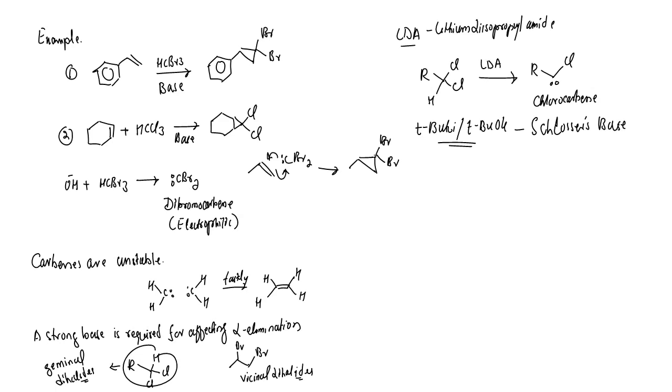So, for example, if we take a simple halide, especially primary in character, this is a primary alkyl halide, and if we take the above base, we get the desired chlorocarbene. Another interesting example with respect to alpha elimination reaction is the Simmons-Smith reaction.